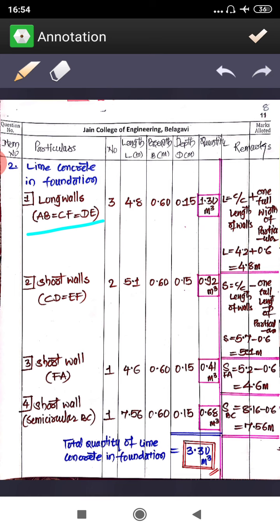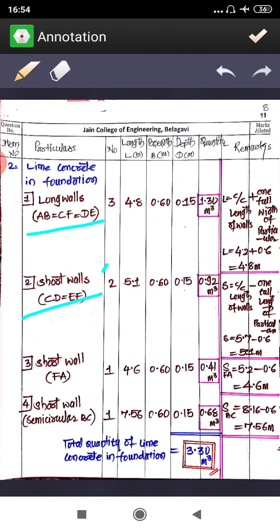So here you will be having the quantities: 3 into 4.8 into 0.6 into 0.15, that is going to be 1.30 meter cube. Next, for the short wall CD is equal to EF, you will be having two numbers: 5.1, that calculation I have shown here, that is 5.7 minus 0.6, you will be having 5.1 into 0.6 into 0.15, you will be having 0.92 meter cube.